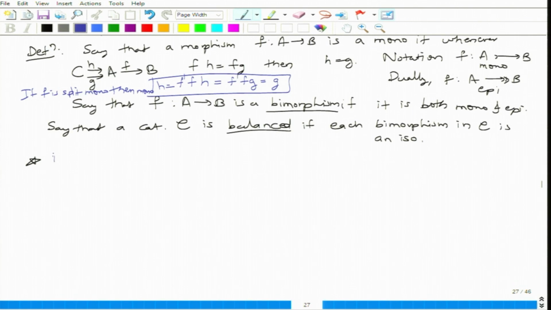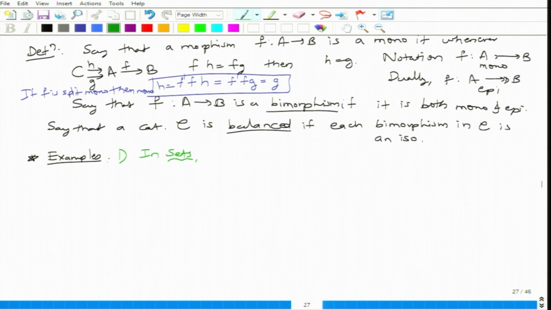So now actually we can talk about examples. The first one is in the category of sets. The question is: is every injective morphism a monomorphism?